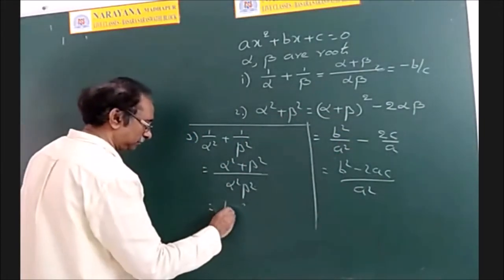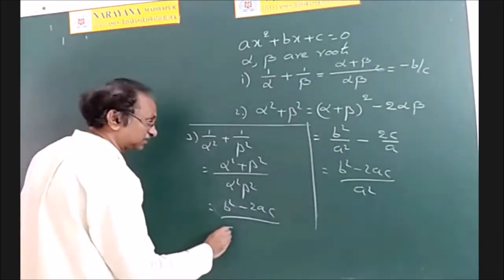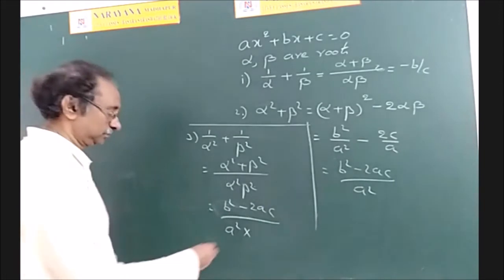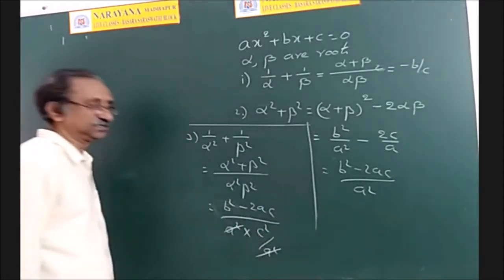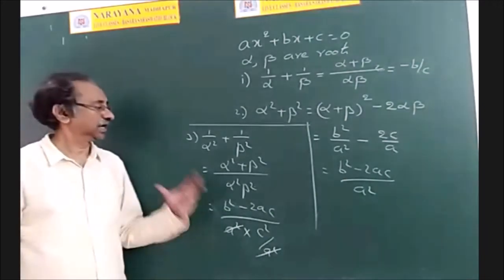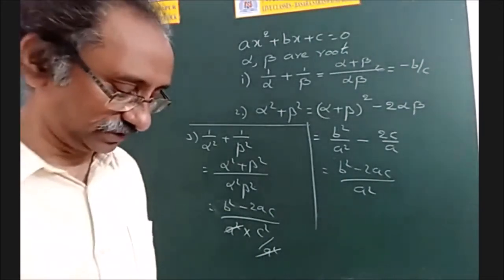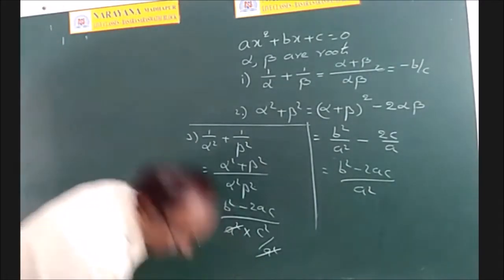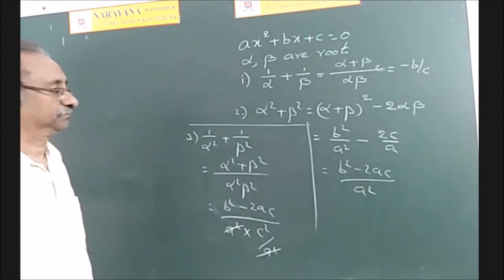So that is b square minus 2ac by a square, into alpha beta whole square, that is c square by a square. So a square is cancelled. So like this, if a relation between alpha and beta is given, an expression in alpha and beta is given, then we can convert that in terms of a, b, c.